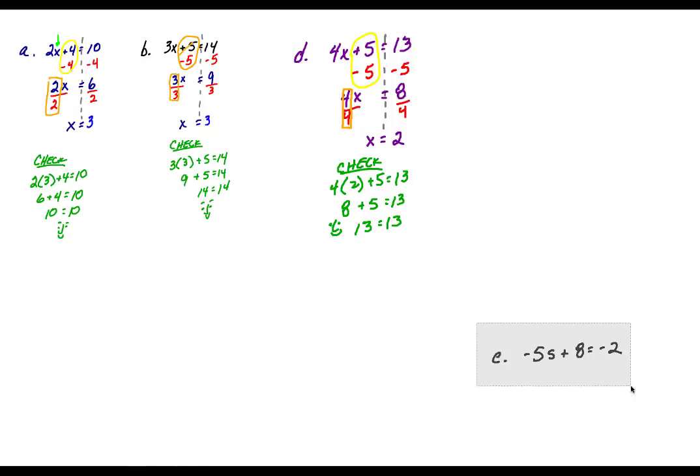All right, last one. Now you'll notice this one's different than the previous 3 because in this one, our coefficient is -5. That doesn't change anything in what we do. It just means we need to keep track of that negative. So let's go ahead, and we know s is what we're solving for.